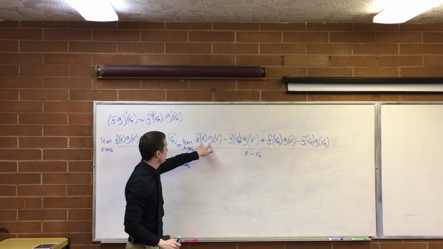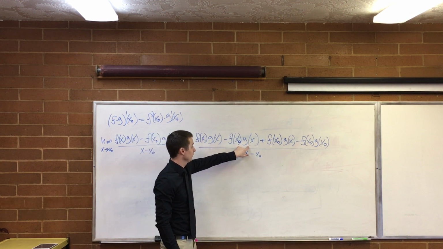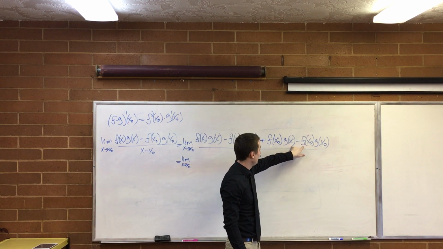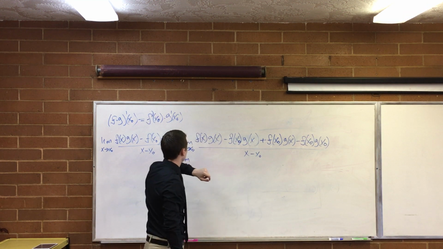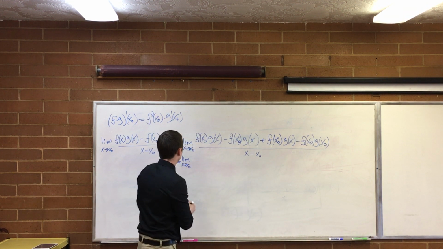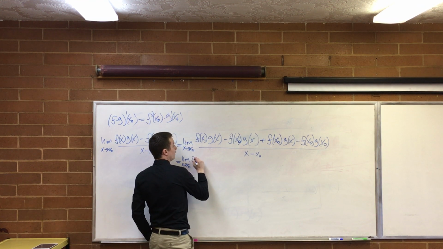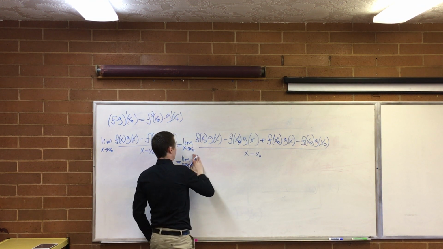So now, from these two terms, I'm going to factor out a g of x. And from these two terms, I'm going to factor out an f of x naught. So, what was I factoring out here? g of x, thank you.